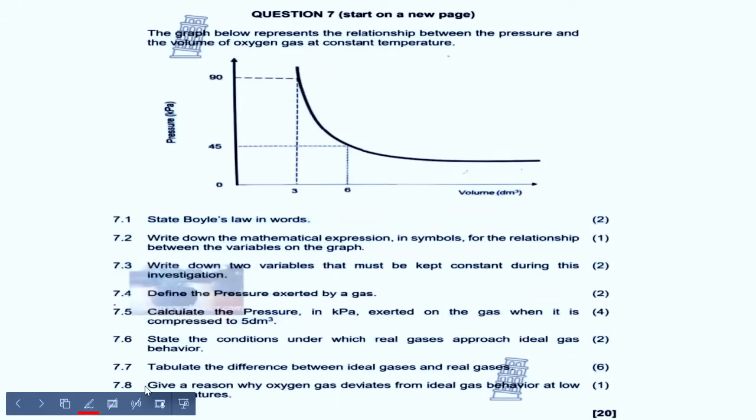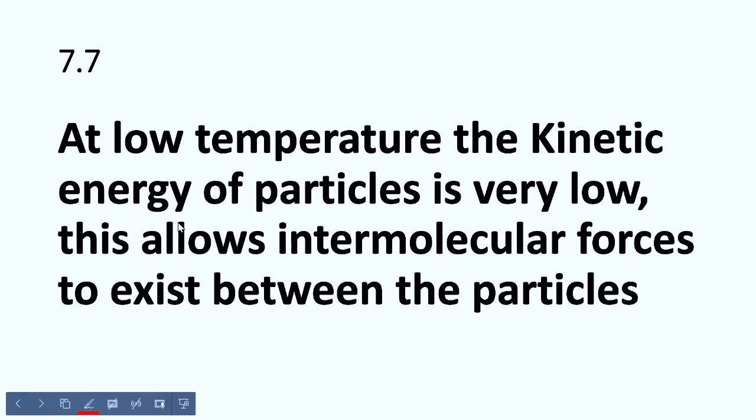Then 7.8 says, give a reason why oxygen gas deviates from ideal gas behavior at low temperatures. So I think I've already explained a bit about that. We say at low temperatures, the kinetic energy of particles is very low, right?